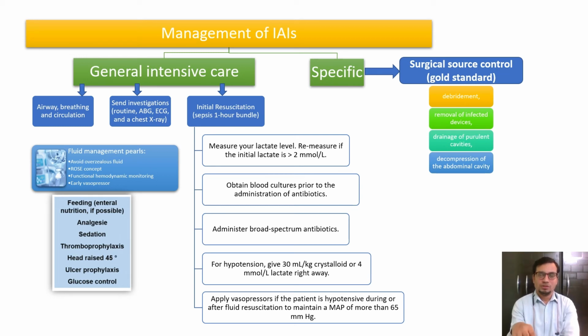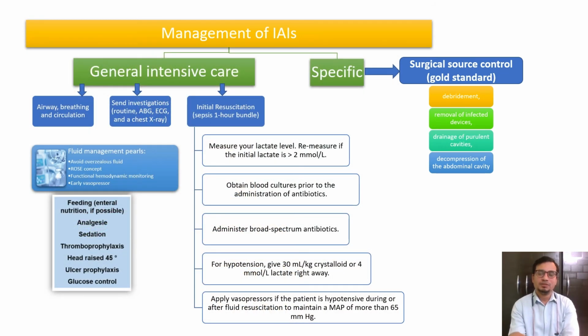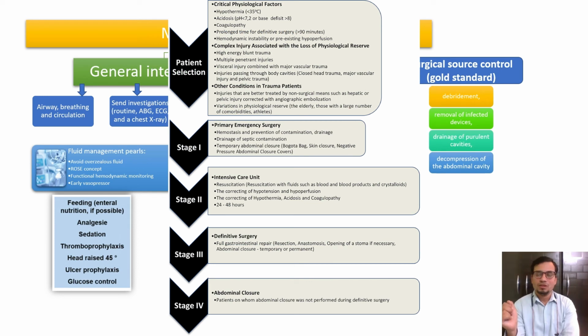Now, surgical source control is the gold standard of specific management of IAI, which consists of debridement, device removal, drainage, and decompression of the abdominal cavity. That we should always remember, and that can be done in either one sitting or a staged manner. People say it is better to go in a staged manner in patients who have a higher APACHE II or who are appearing very sick or hemodynamically unstable, rather than doing everything together in the first sitting.